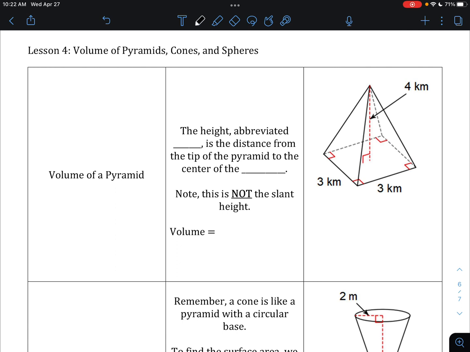Now, the way that we find the volume of a pyramid, we need two things, just like we did with the volume of a prism. We need the height, abbreviated H, which is the distance from the tip of the pyramid up here to the center of the base, all the way down here to the middle of the base.